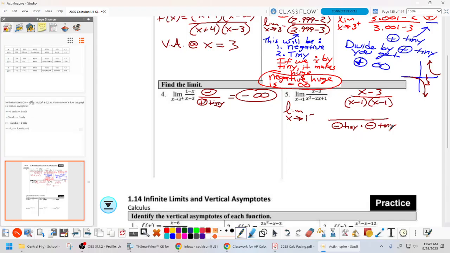So we're just talking number sense here. So negative times negative, and then in the numerator, 0.99 minus 3. What's it going to be? Negative, and it's not tiny, so who cares about that? So negative divided by positive equals negative infinity.